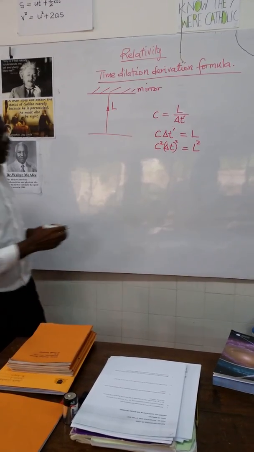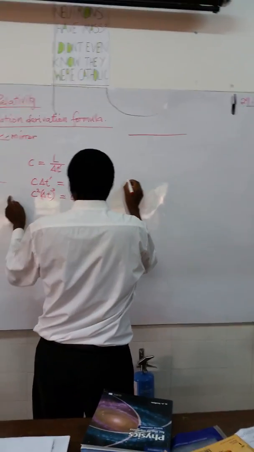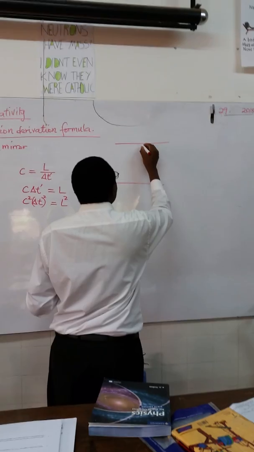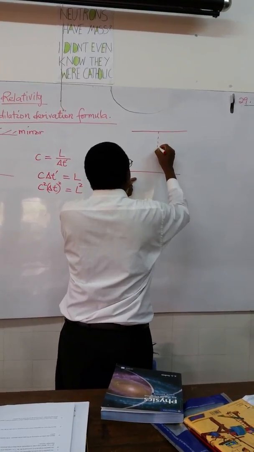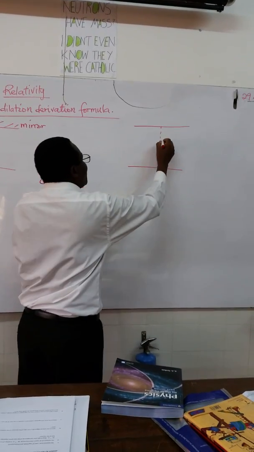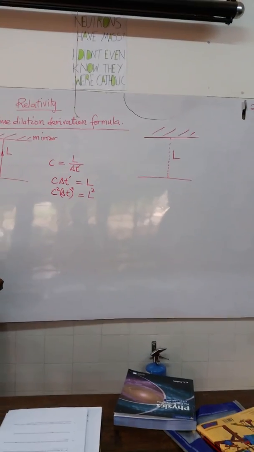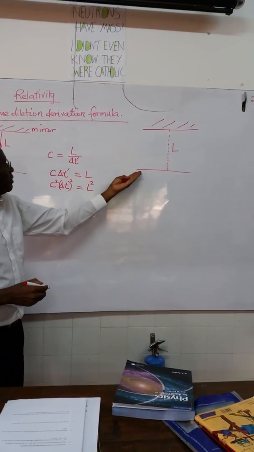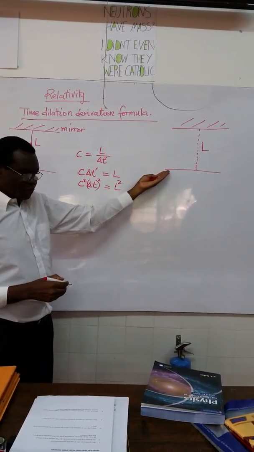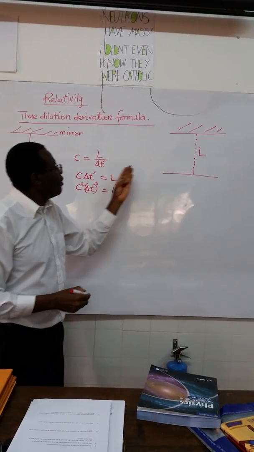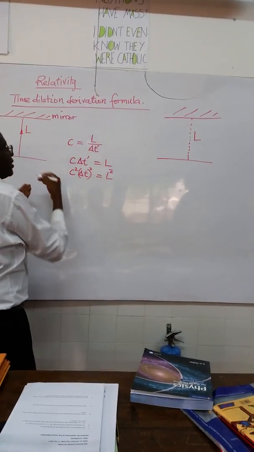Then now we imagine another, same length of distance or displacement, but we imagine that the person at the spotlight which is being used is now moving to the right, and it is not stationary like it was here.